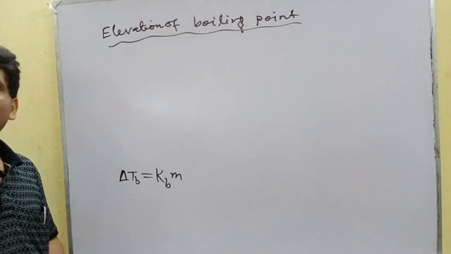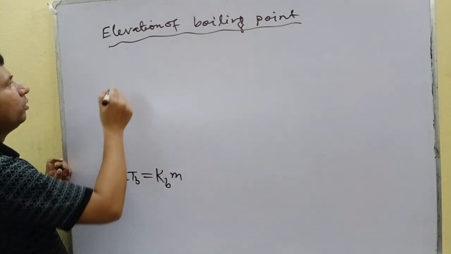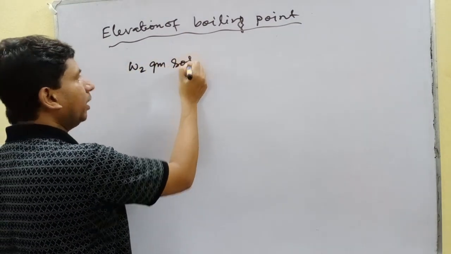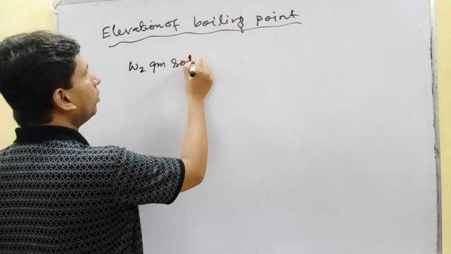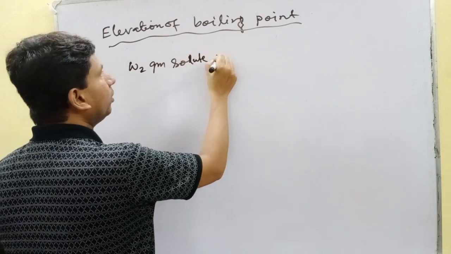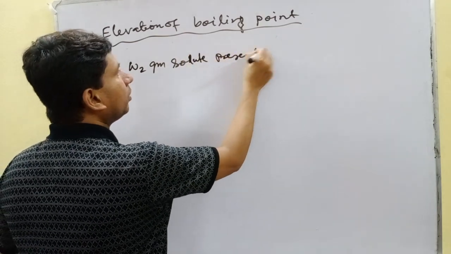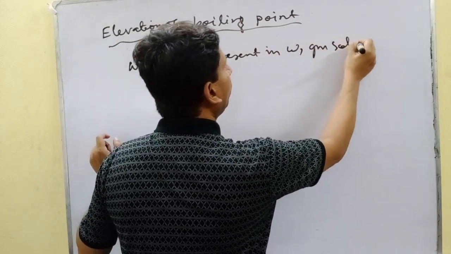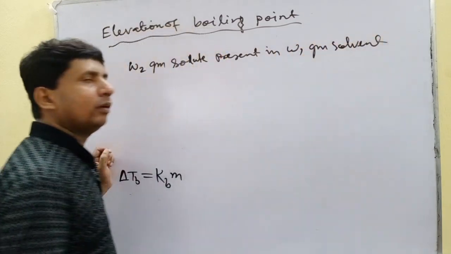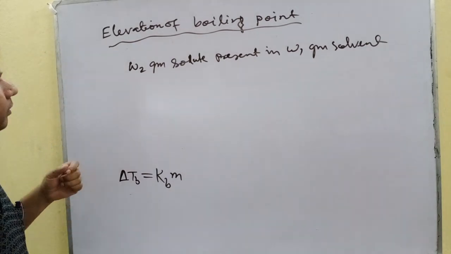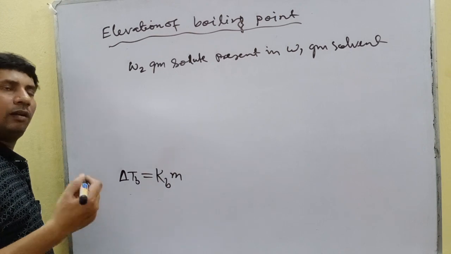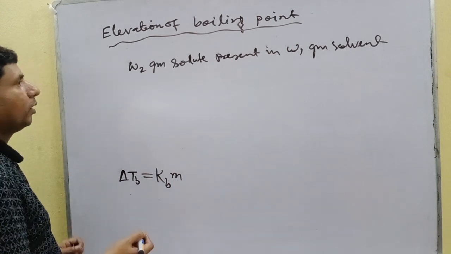Now let us consider W2 gram solute present in W1 gram solvent, and the molecular mass of the solute is M2.